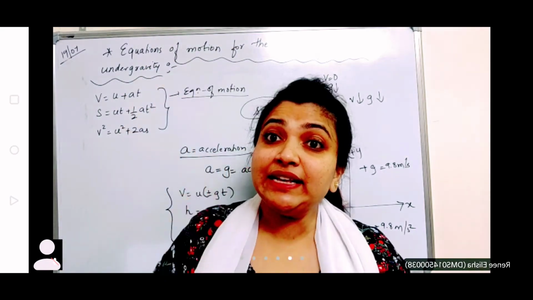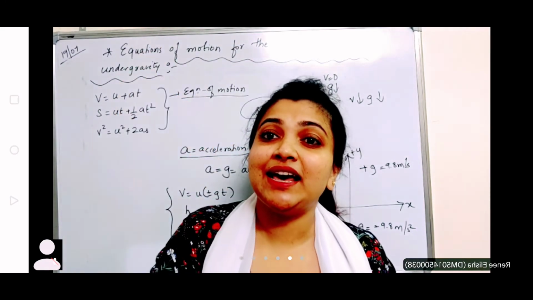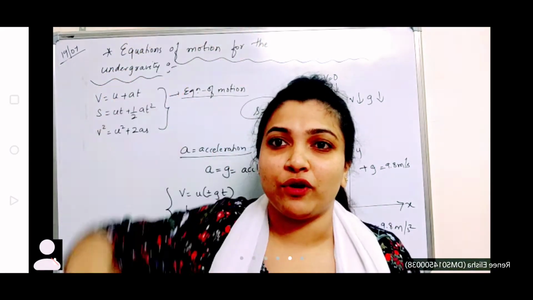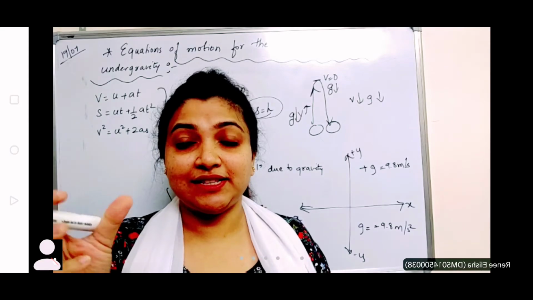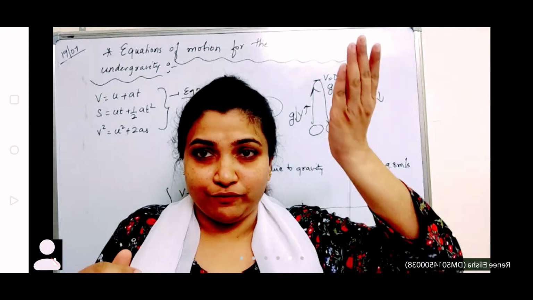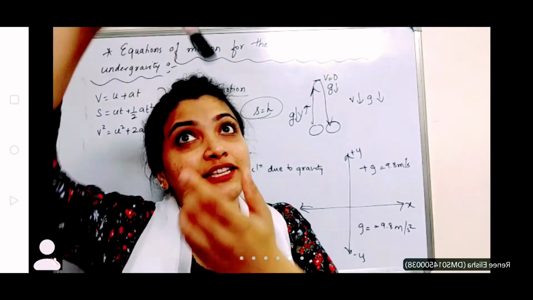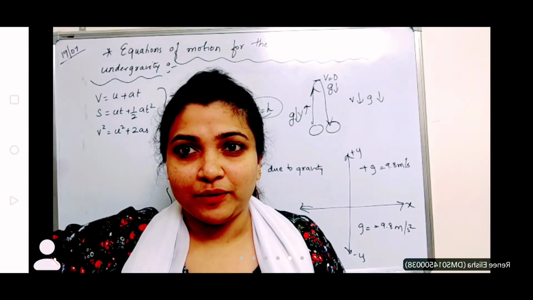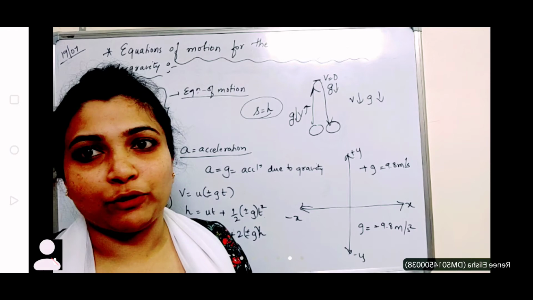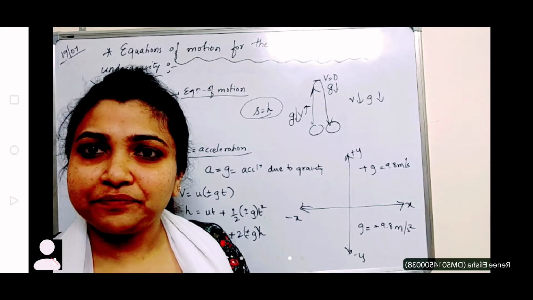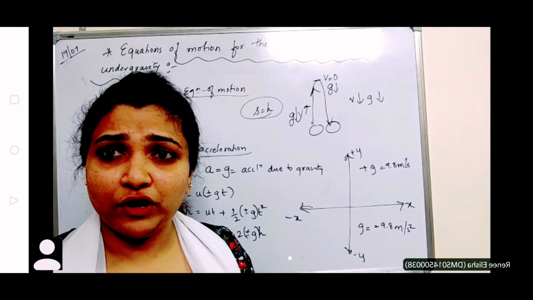If I'm neglecting the air resistance that is produced from the earth, then I say that the object is under free fall. Okay? So based on free fall, we are going to solve the problems. Am I clear? What is free fall?